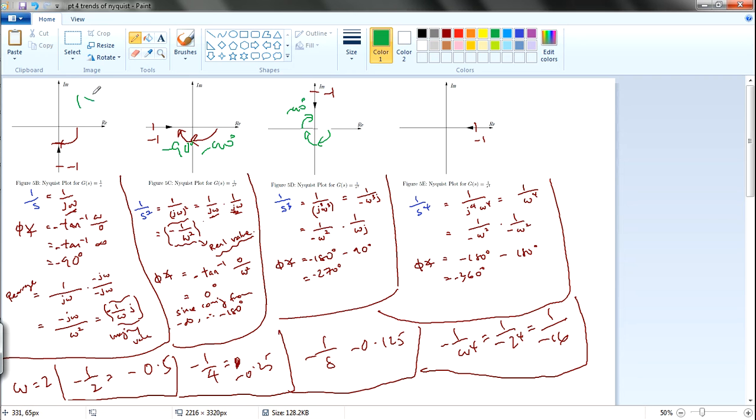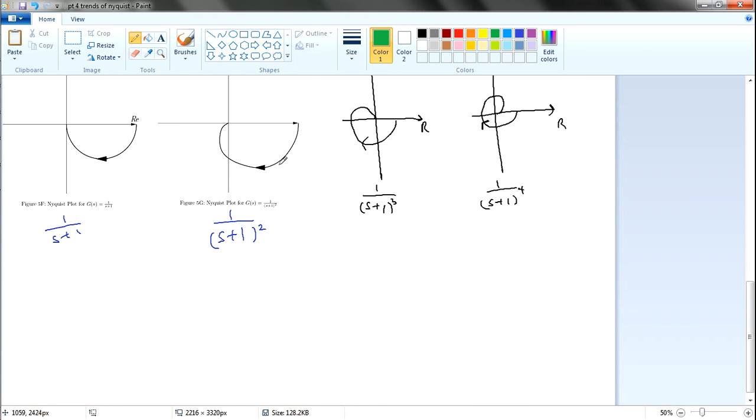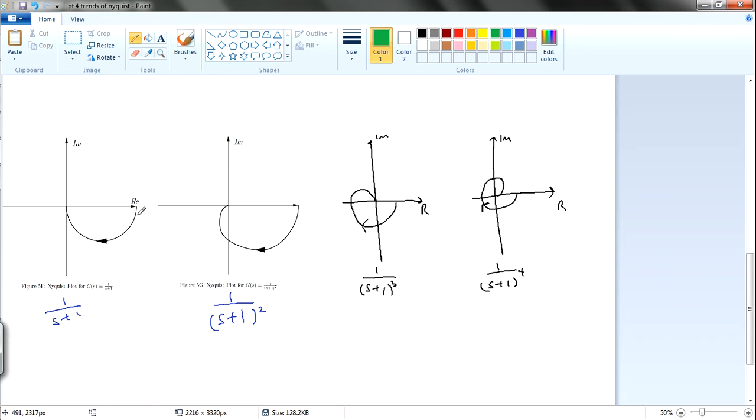So it is 1 times minus 90 degrees, 2 times minus 90 degrees, 3 times minus 90 degrees, and 4 times minus 90 degrees. So this is the trend for poles, and similarly this is the same because they are all poles also. So for 1 times minus 90 degrees, the loop ends towards minus 90 degrees.